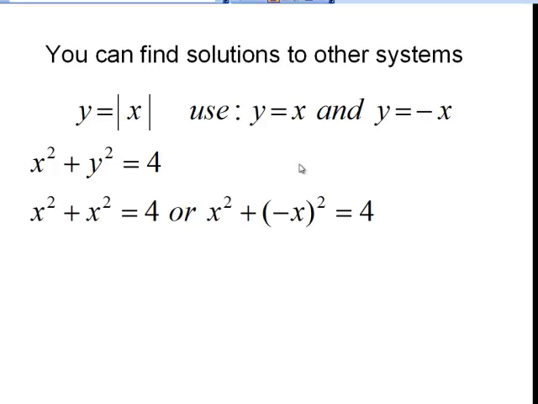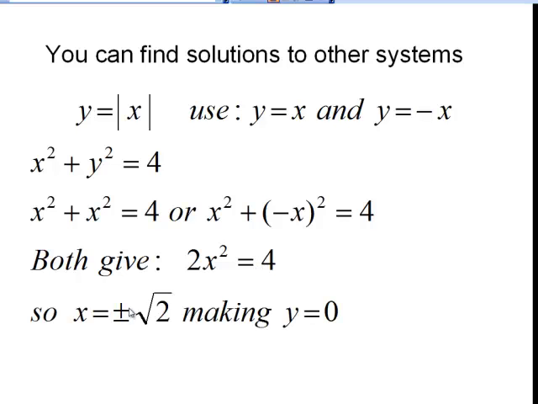So in the first case, plug in x, you get x squared plus x squared equals 4. And if you plug in negative x, you get x squared plus negative x quantity squared is equal to 4. They're essentially the same thing because the negative will cancel out. It gives you 2x squared is equal to 4. Divided by 2 is 2. Take the square root, you get plus or minus the square root of 2.